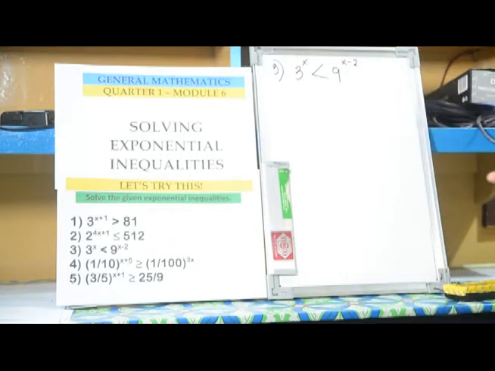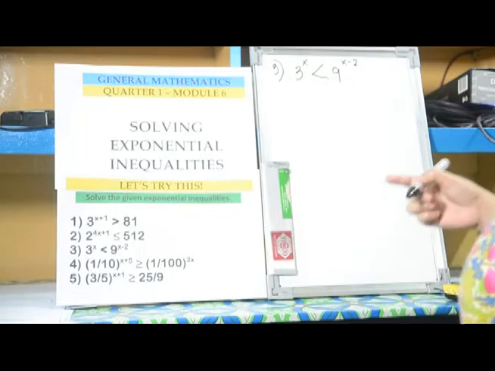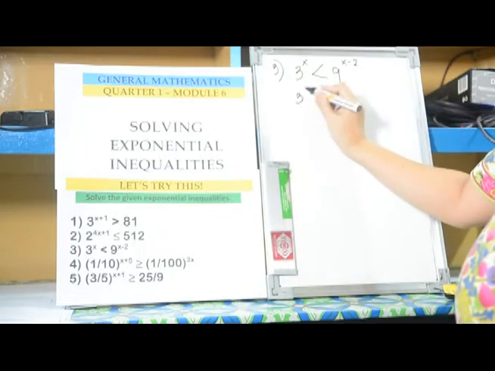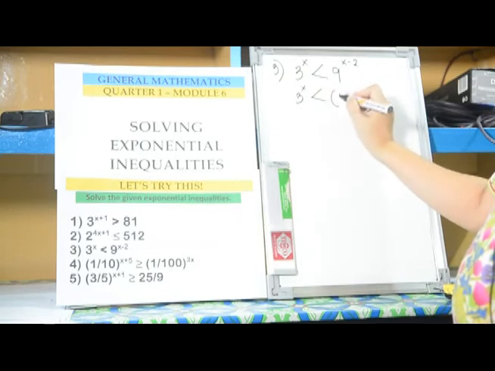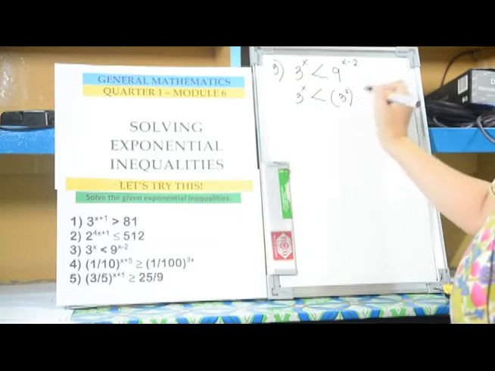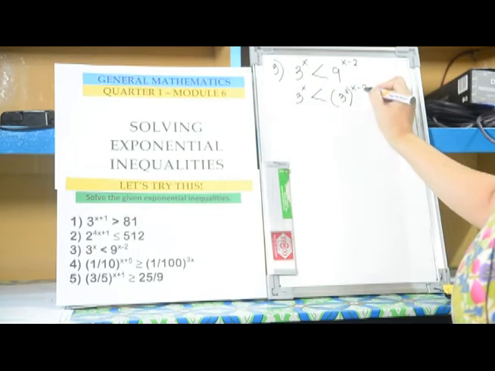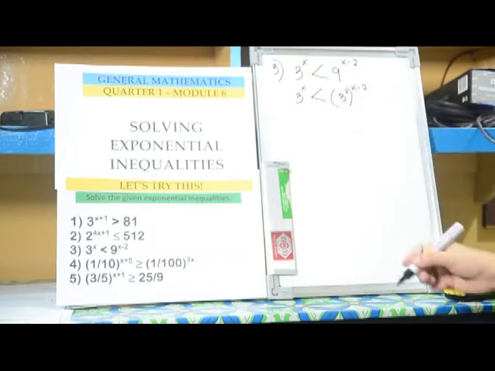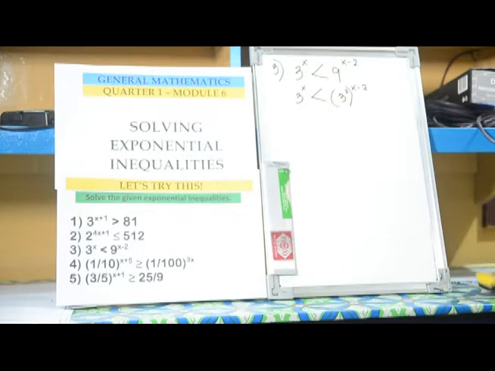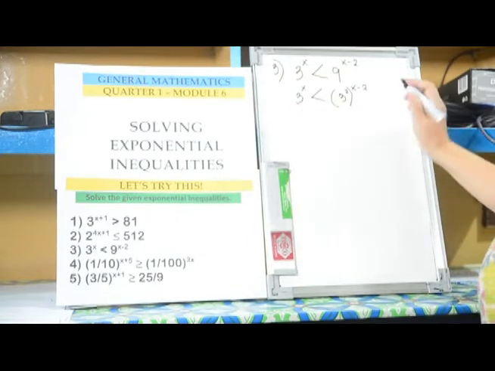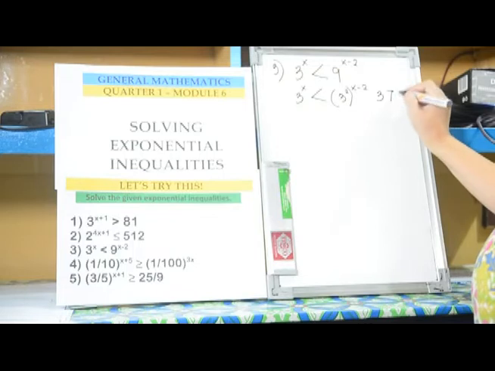We don't have the same base again, so we can take 3 as our base. We have 3 raised to the power of x is less than 3 squared raised to the power of x minus 2. Again, we have the same base now. Let's determine if the base is greater than 1. The base is 3, and it is greater than 1.